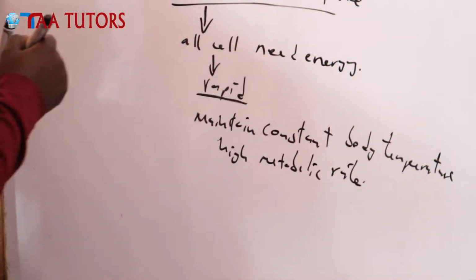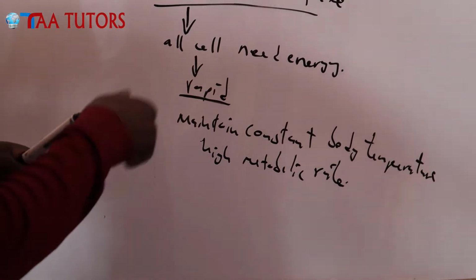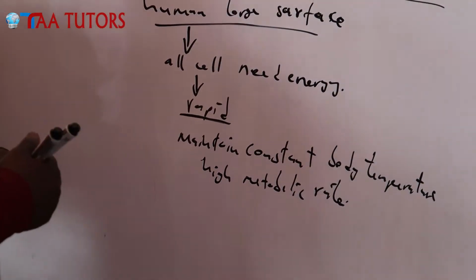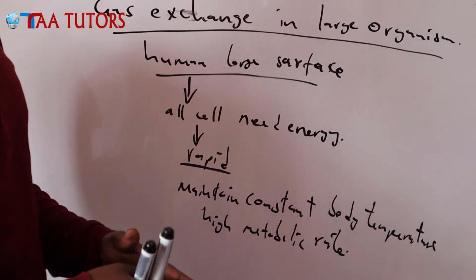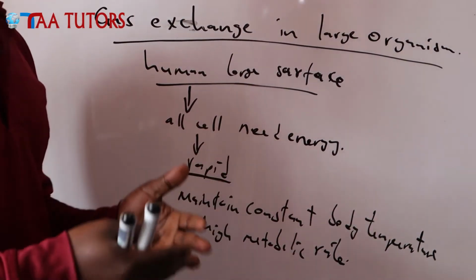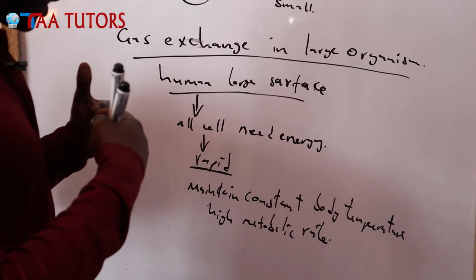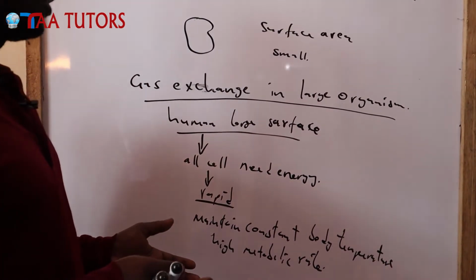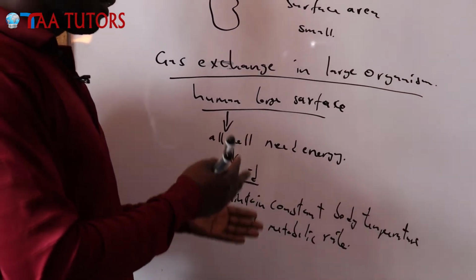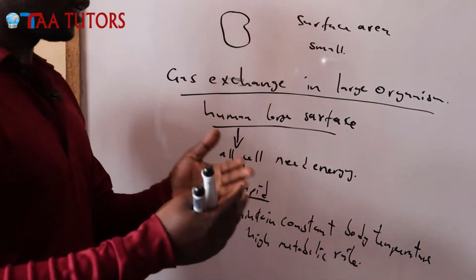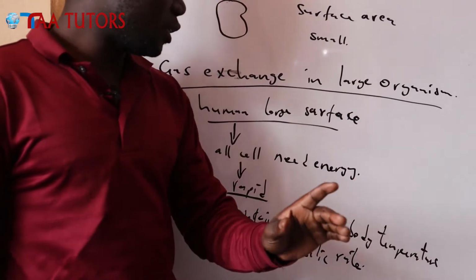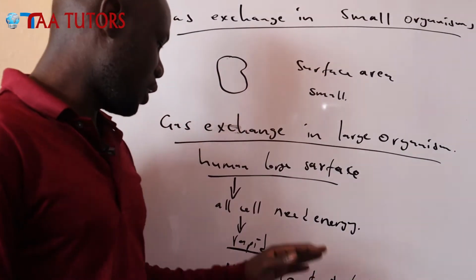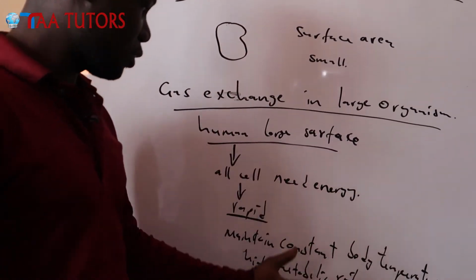Therefore, there is that particular need to supply these materials quickly enough so that they can maintain that. Actually, maintaining a constant body temperature in birds and mammals makes them active in every situation where they are, whether they are in the polar region, which is so cold, or in the tropical areas, which are warm enough. This group of organisms will still need to be active, and therefore they really need to maintain that respiration very quickly.